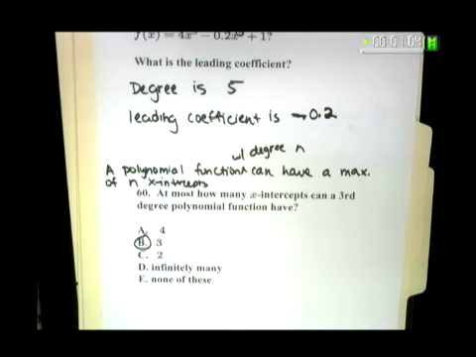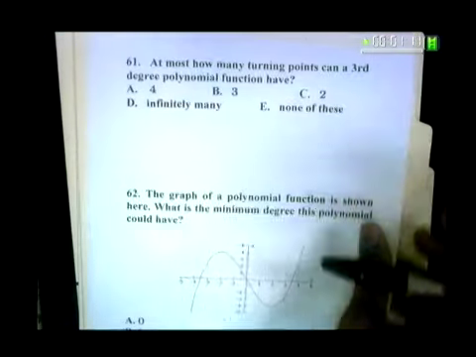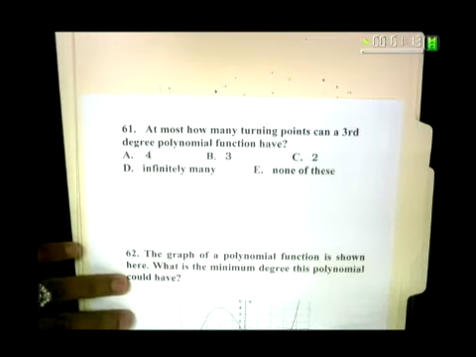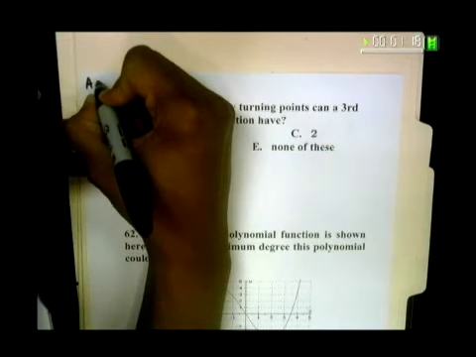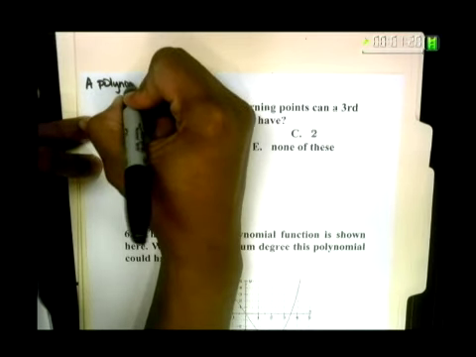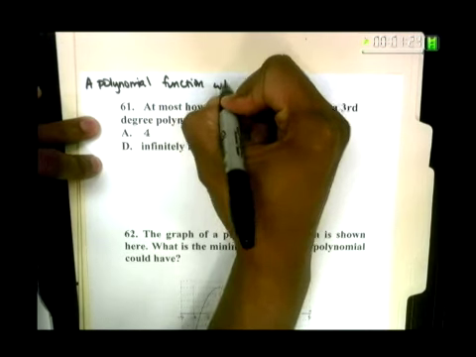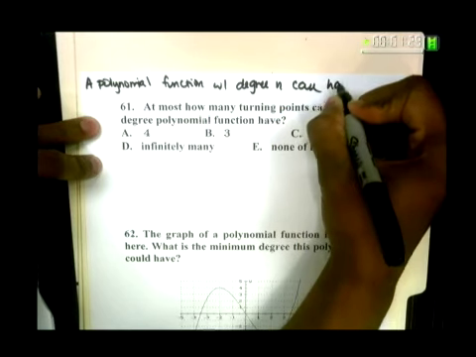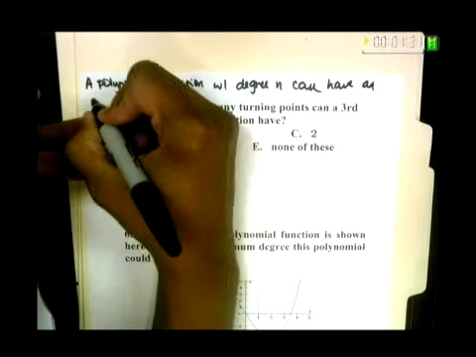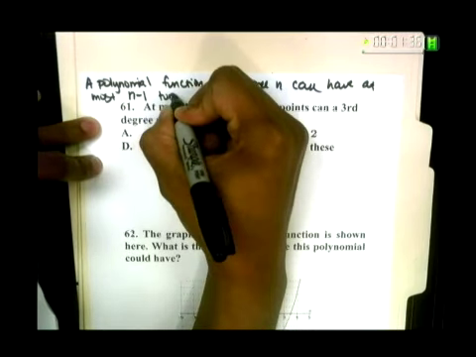And then related, the turning points. A polynomial function with degree n can have at most n minus 1 turning points.